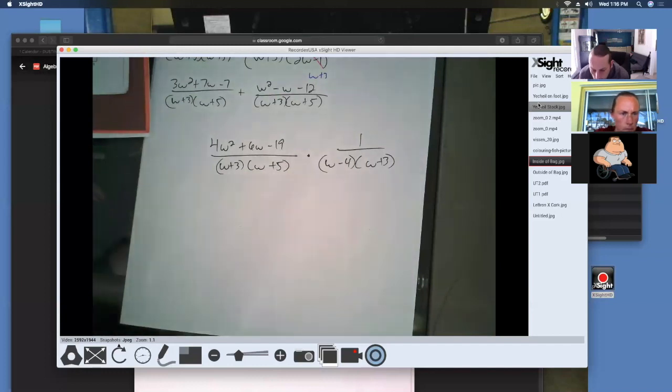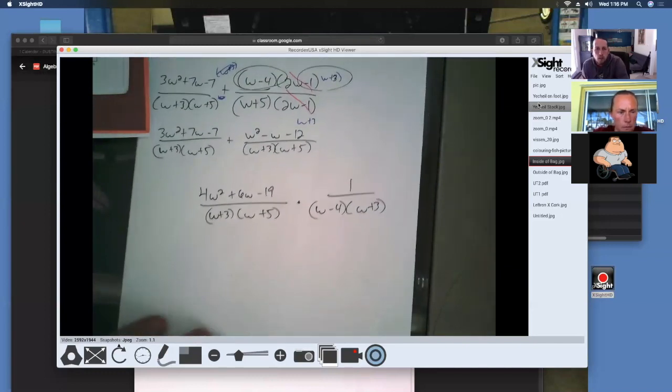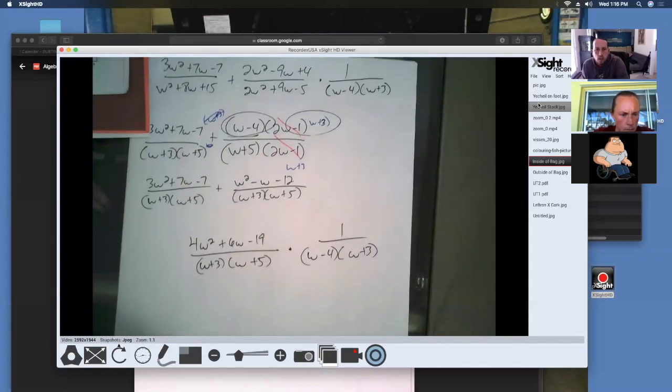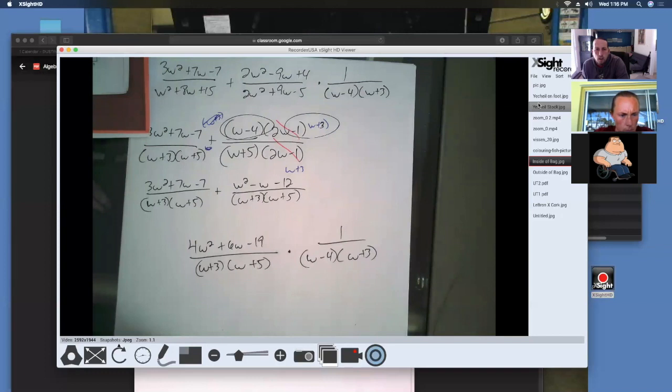I didn't add the w squared minus w minus 12 onto the left side. I just got the 1 from doing all that stuff on the right, and then I just added that 1 to the left side at the end. So I factored the right side first. Oh yeah, you're right.